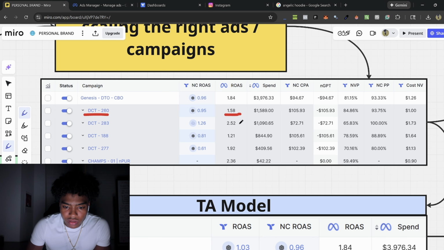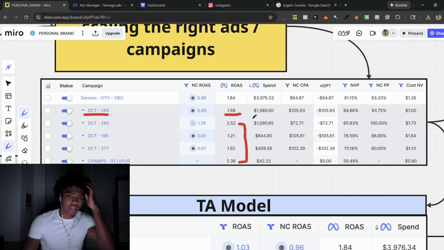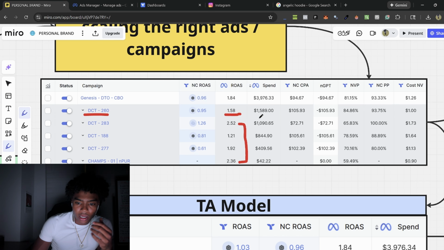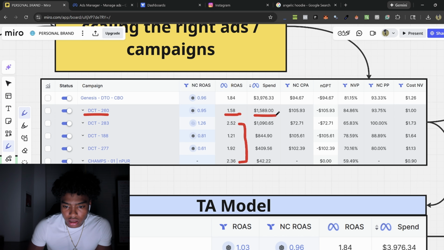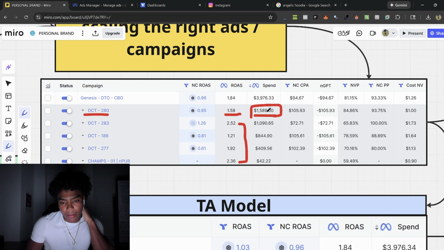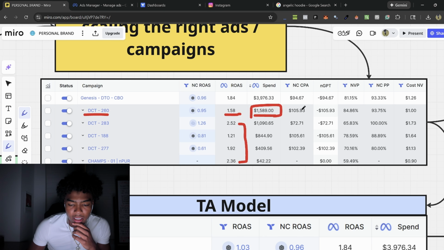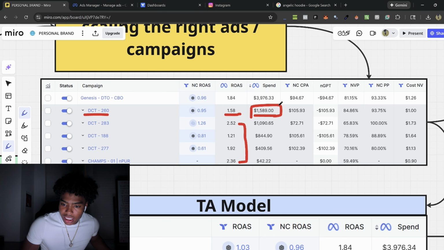Relative to these other ones, this is coming in at a worse return on ad spend, so a lot of people would just say to kill that ad. But as you can see, it's the top spending ad. So removing it is going to have the biggest impact on the ad account, because out of essentially $4,000 in ad spend, if you remove an ad that equates to a large percentage of that spend, you're really going to destabilize the ad account.